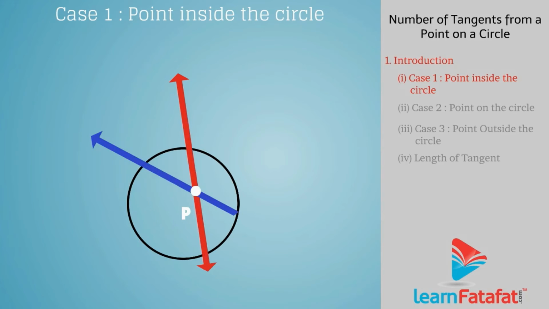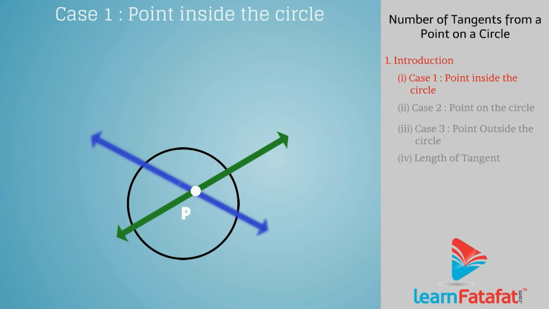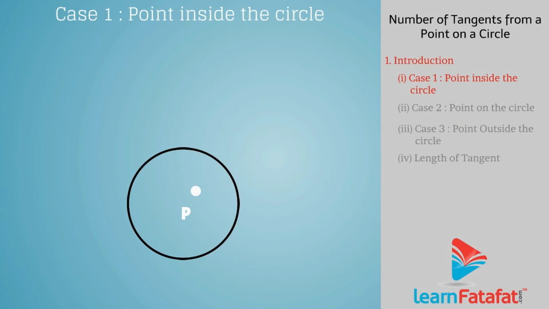Now, if we try to draw tangent to the circle through this point, then we can observe that tangent could not be formed from this point, as each line drawn through this point intersects the circle at 2 points on the circle. Thus, we cannot draw tangent to the circle from a point inside the circle.